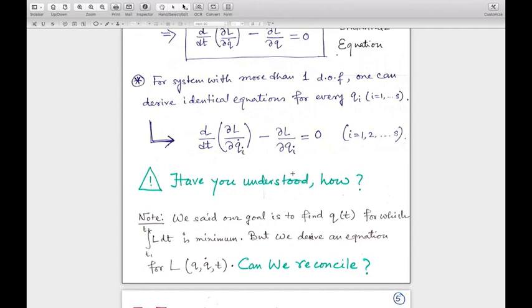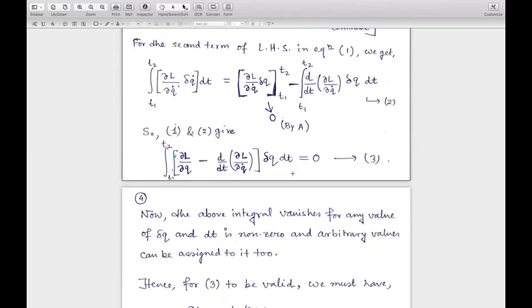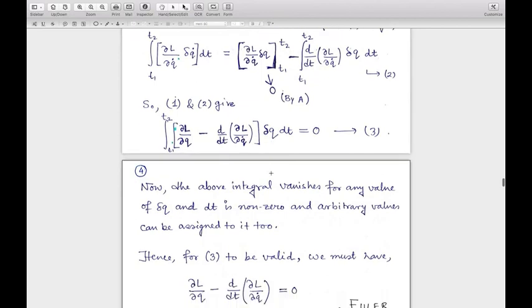If any of them is not vanishing, then if we make the specific choice that we change just that q_i and keep all the other q_i's unchanged, this condition would be difficult to manage, right? Because then it will not be 0 for that q_i. Let's say this is not 0, then this will also not be 0, because we have changed that q_i. So this will not be identically satisfied.